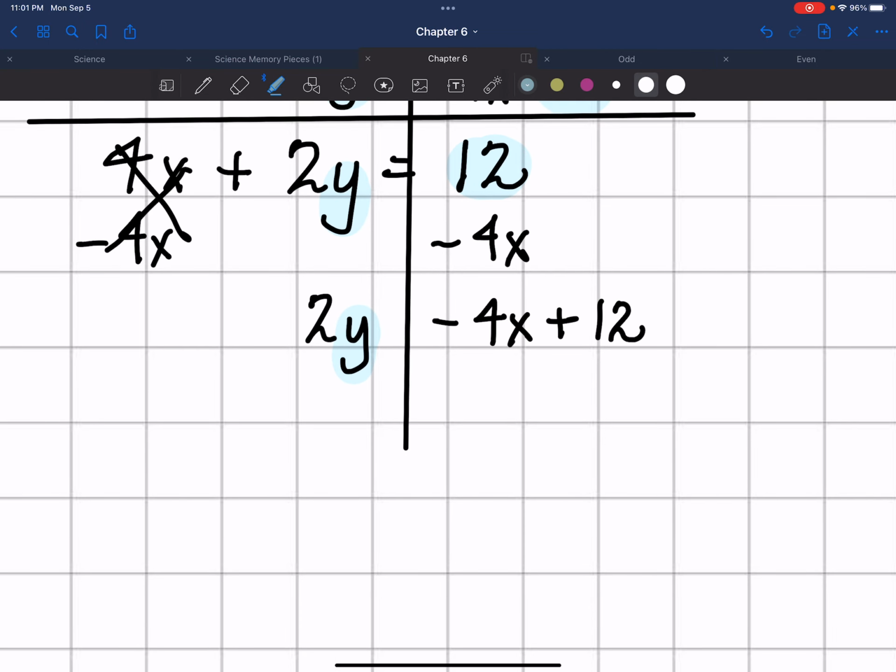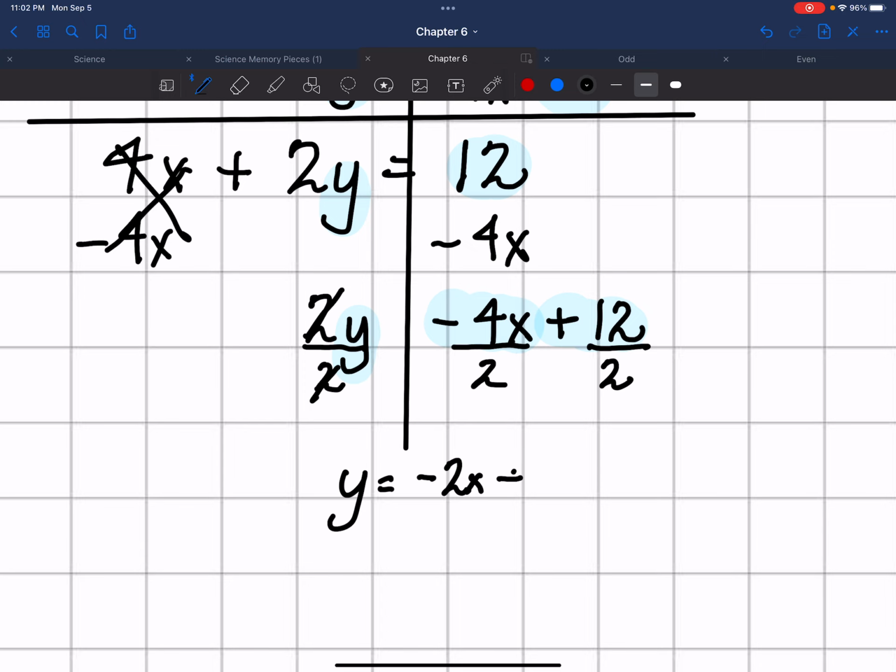Now we've got the 4x in the right place and the positive 12. It's that 2 that needs to move. So I'm going to divide it here and divide it with all the terms here. So y equals negative 2x plus 6.